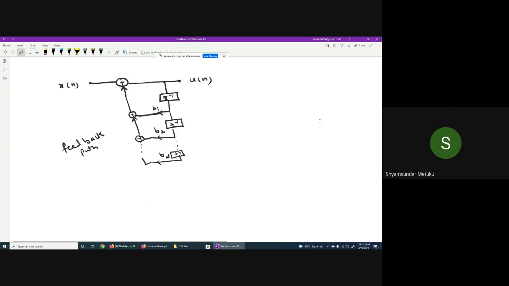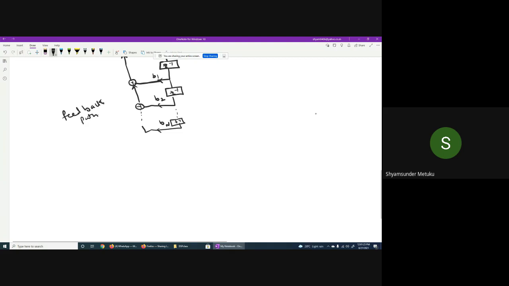Now let me take part 2. The input is u of n, the output will be y of n, and we have the function H1 of z. It is the zeros function, isn't it? So again I try to write u of z, H1 of z, y of z. What is the relation between them?